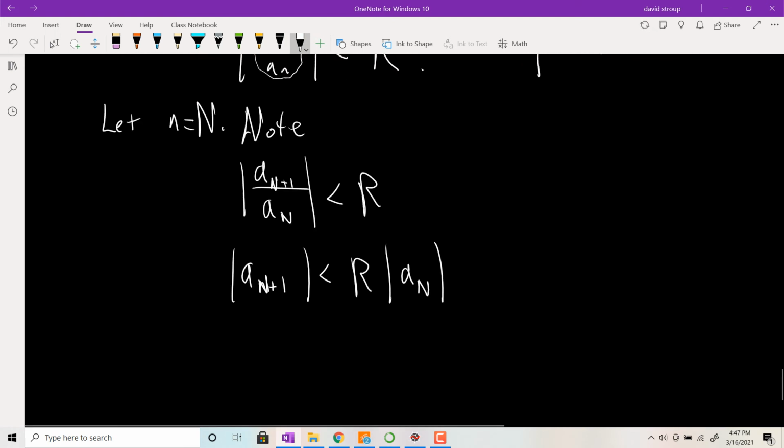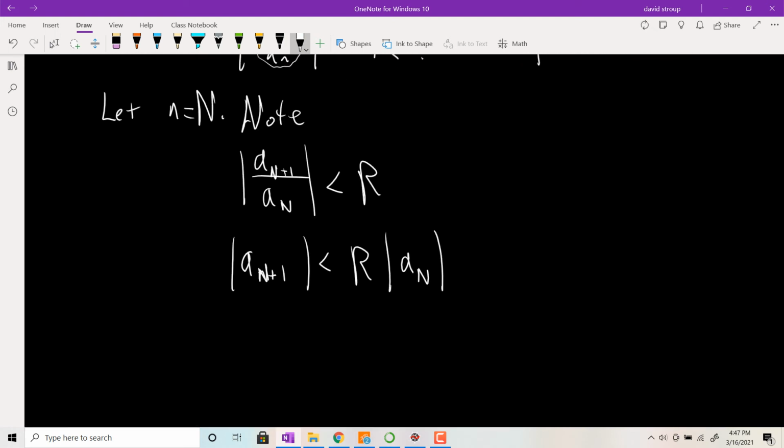From that point, we can say that for any n value further along in the sequence, right now I'm at a sub big N, and the next term is a sub n plus 1, then a sub n plus 2, then a sub n plus 3.